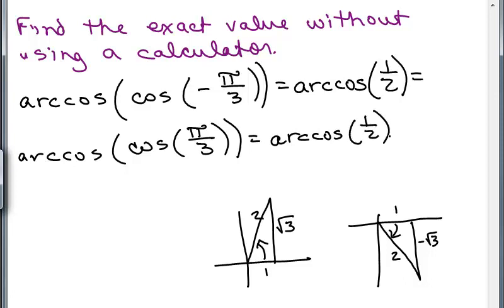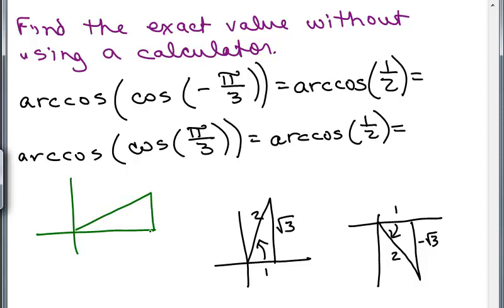Arc cosine of 1/2. So what does arc cosine mean? We're looking for something between 0 and pi where the cosine is 1/2. So now I've got to draw that picture. Someplace between 0 and pi where the cosine is 1/2. Well, it's got to be in quadrant 1 to be positive, right? So where's the cosine 1/2?